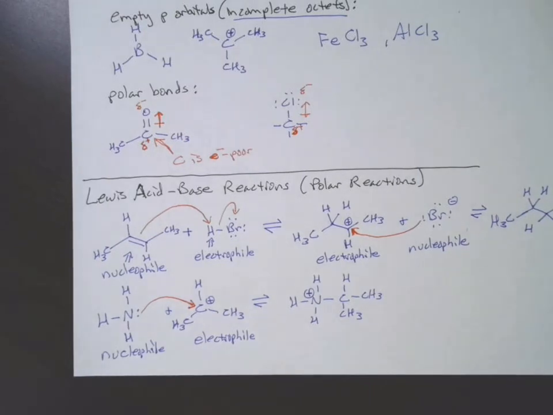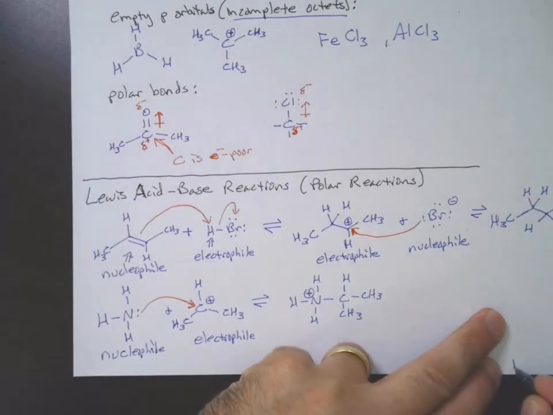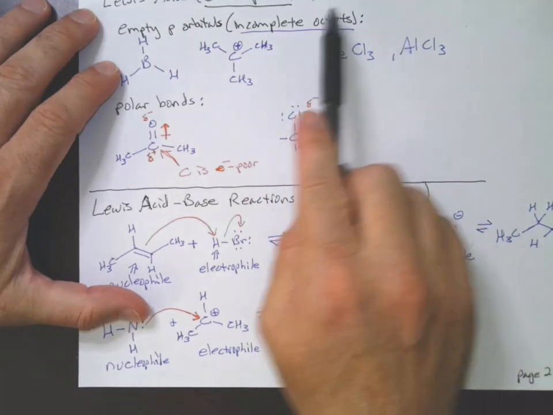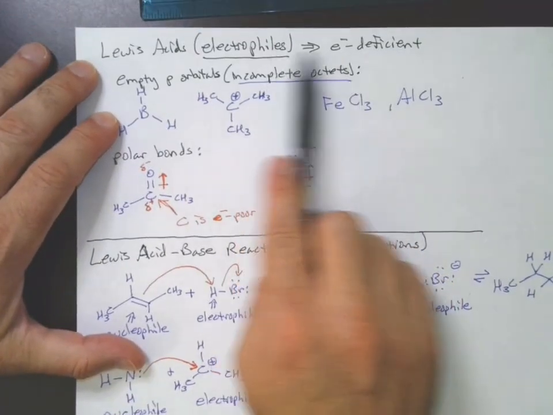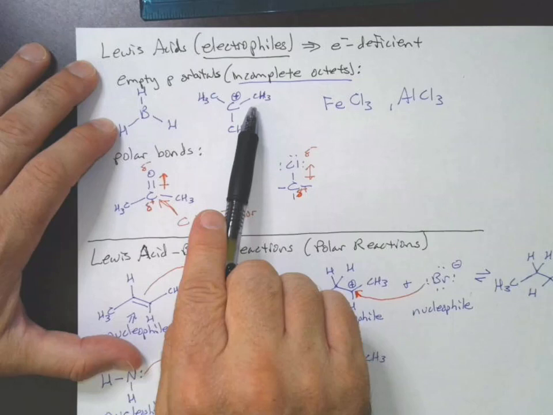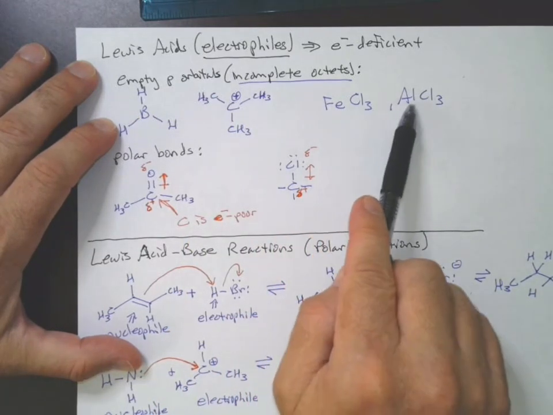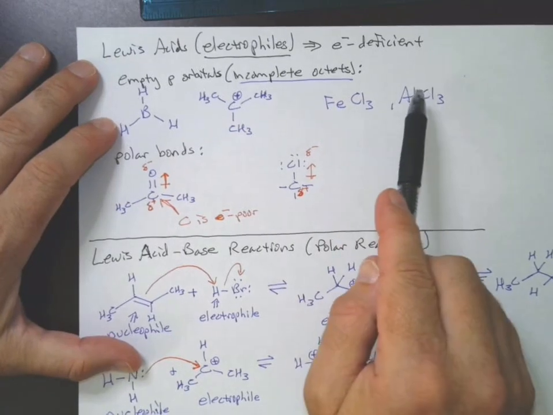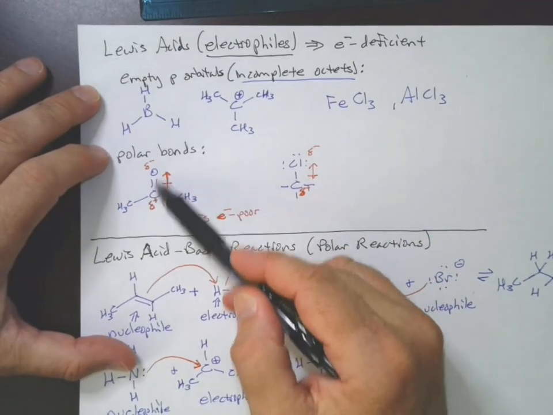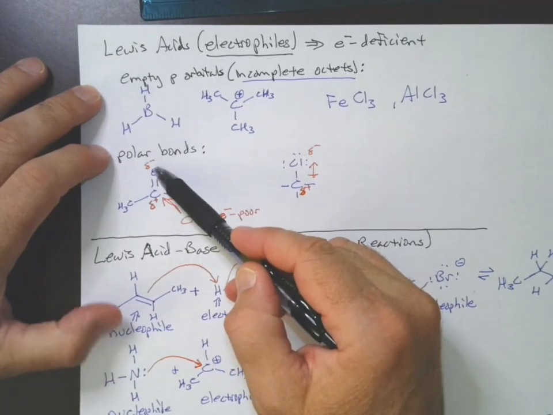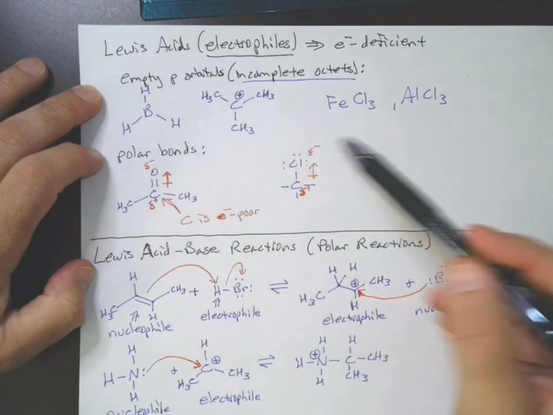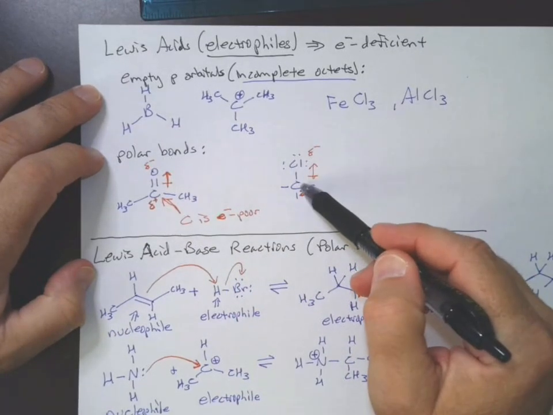And again, just to summarize, what should you be looking for? Well, for Lewis acids, you want to look for things that are electron deficient. So incomplete octets, metals with electronegative things attached to them, FeCl3, AlCl3, FeBr3, or polar bonds, carbon bonded to something electronegative, like a carbon-oxygen double bond, carbon-halogen single bond.